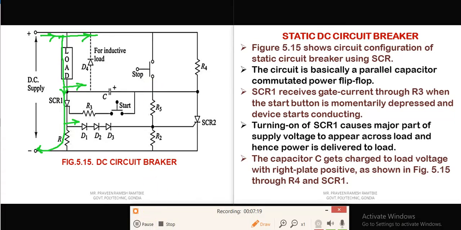When the capacitor is charging, its right plate is more positive than its left plate because it is charging through the series resistor R4.